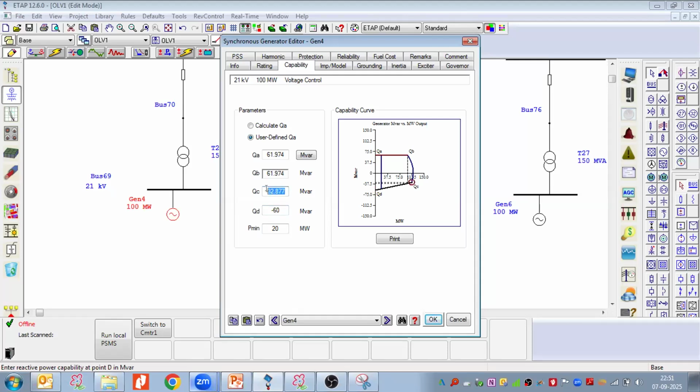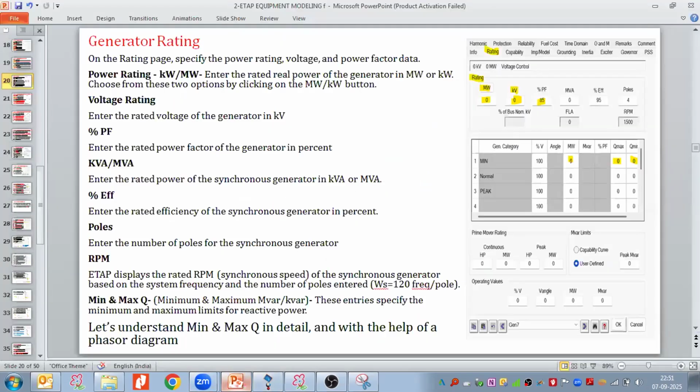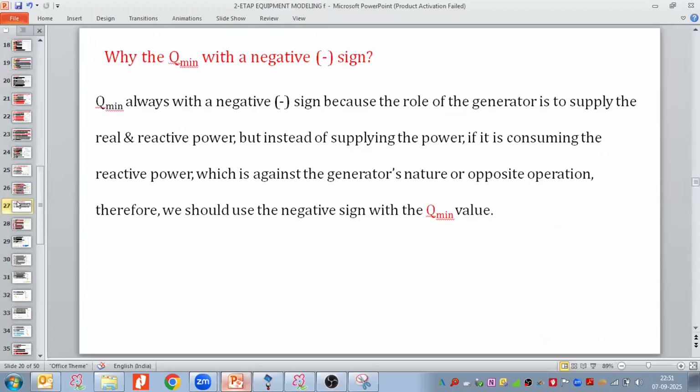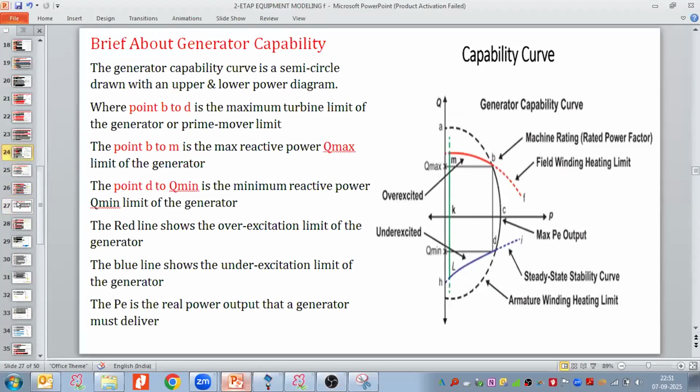But again, this QD value we ask from the generator manufacturer, because this is their own equipment capability, so they need to tell their capability. Okay, yes, sir. Thank you.